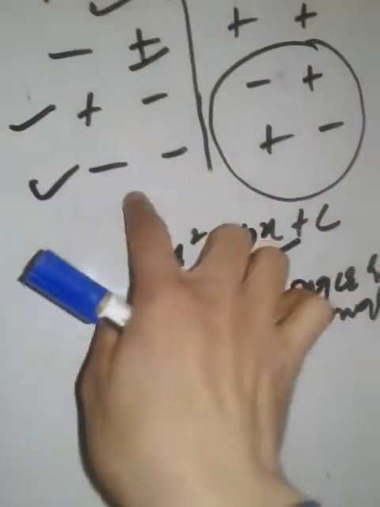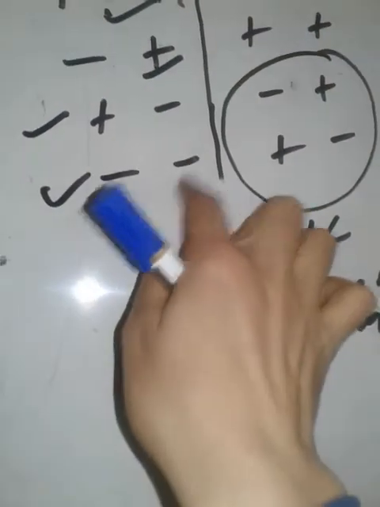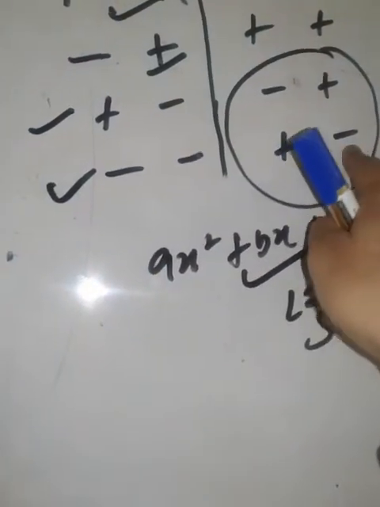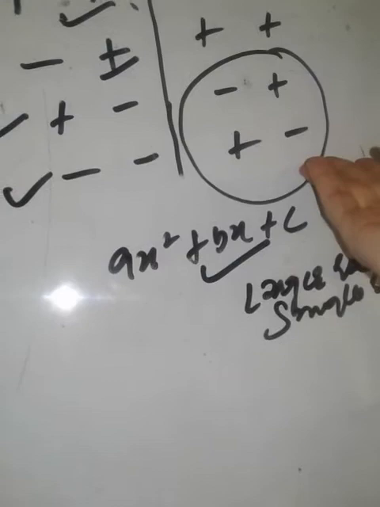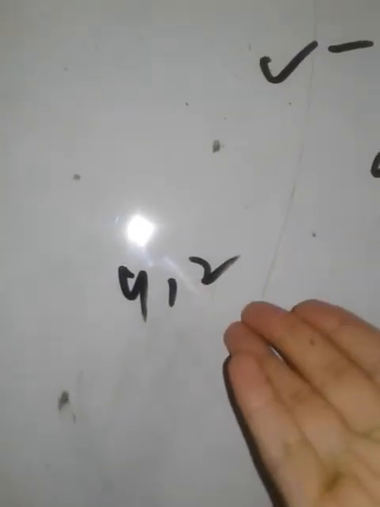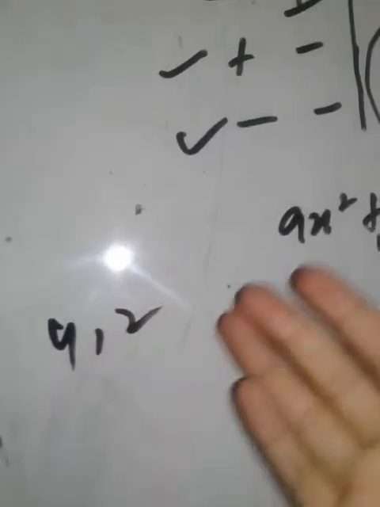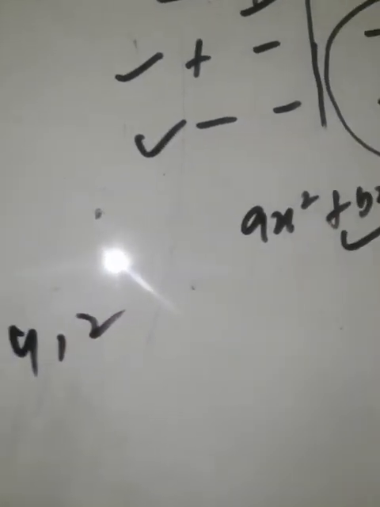Here this is minus minus, this is plus minus, so there is confusion about which root we should keep positive and which negative. For example, we may get roots 4 and 2; one has to be positive, one negative. So it depends upon the sign of the middle term.